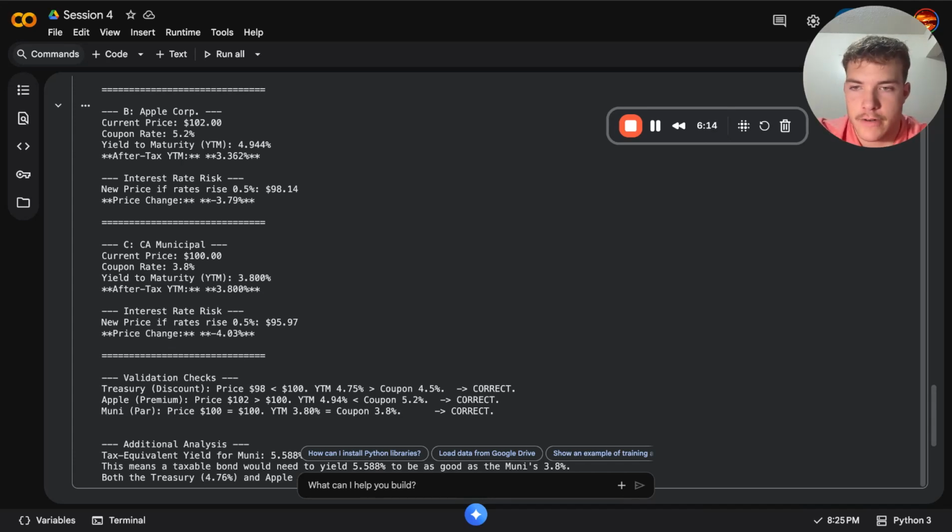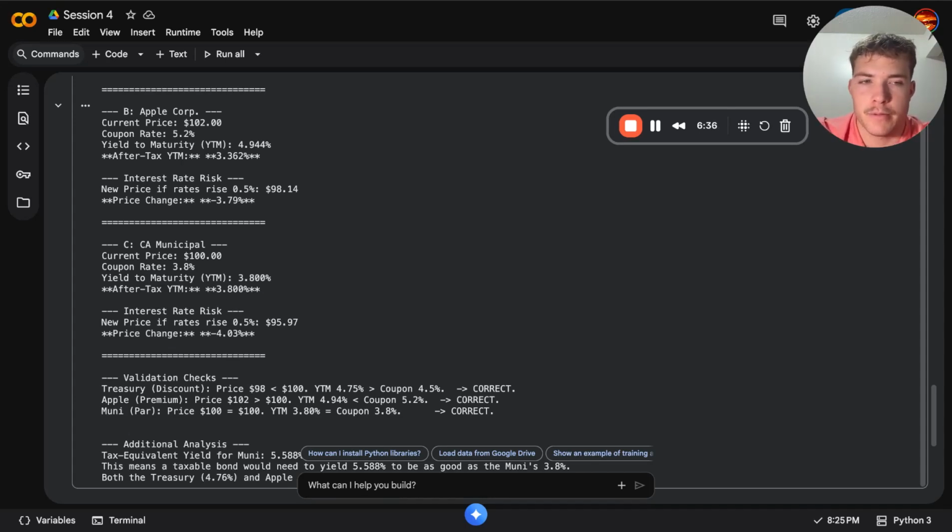For allocation, we're going to be looking at the clear optimal versus suboptimal choice. The municipal bond is our clear winner because it's tax-free income. The Treasury bond is the best for the risk-averse portion, as it has zero credit risk.